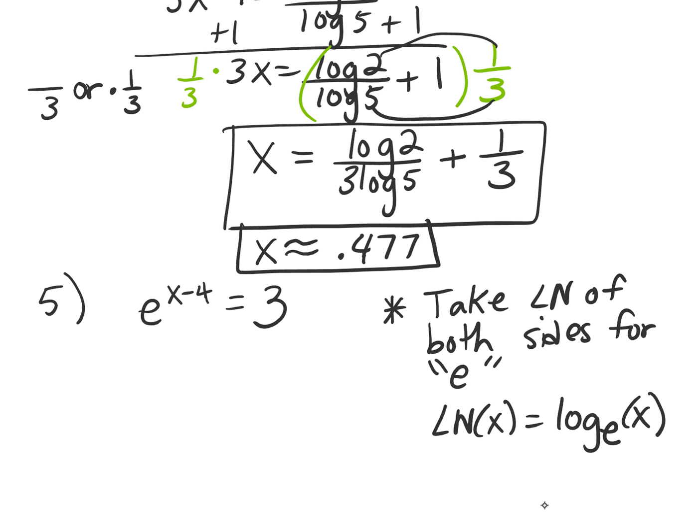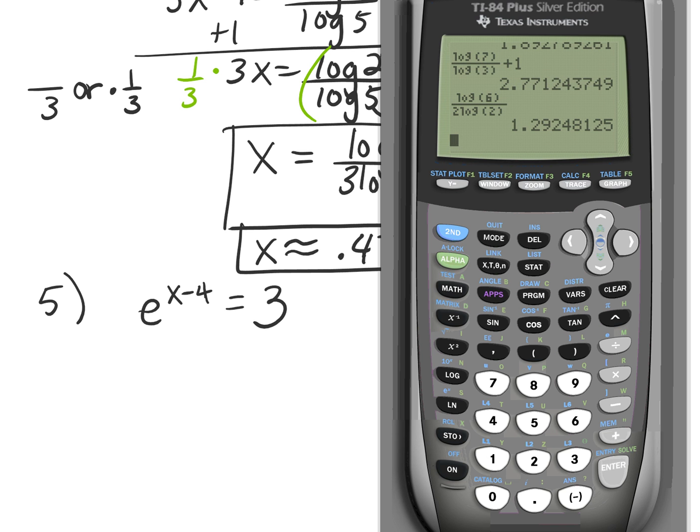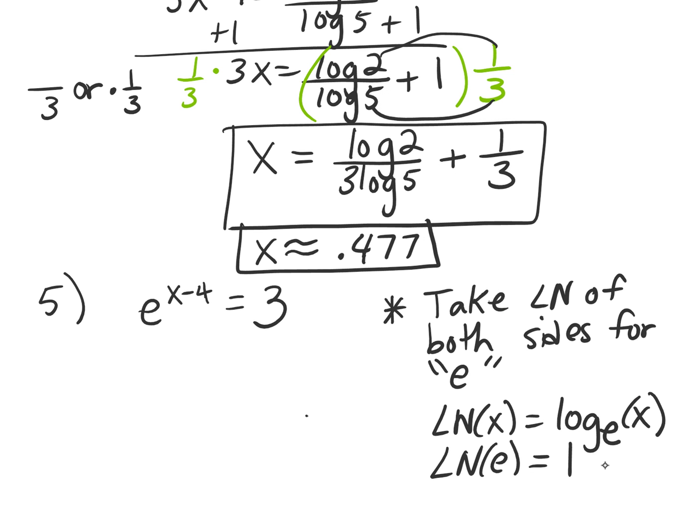So it ends up coming out a little bit nicer, and then also the fact that ln of E is equal to 1, if you were to type that in your calculator, is a nice result. Second division sign would be the E I would choose if I wanted to type in ln E. So you can see that does come out to be 1, which means taking the ln of both sides is a little bit better than the logarithm.